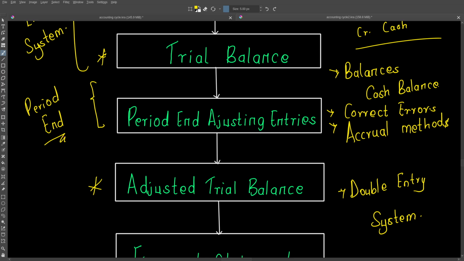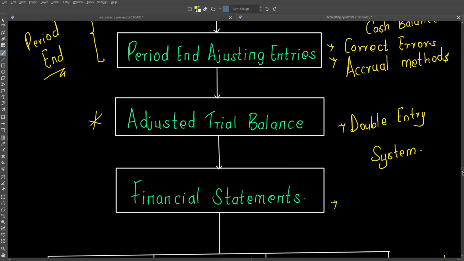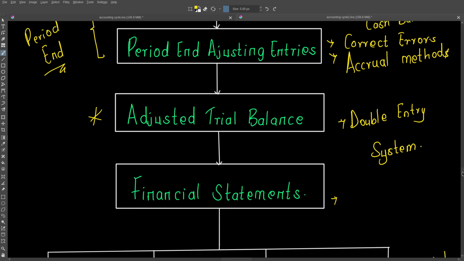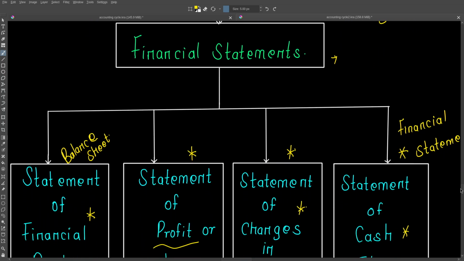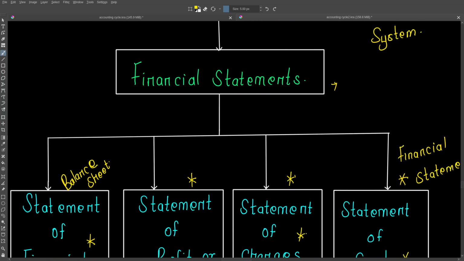All these we will cover in module 3. Okay, and also the adjusted trial balance. After doing the period end adjusting entries, how do we come up with the adjusted trial balance? Then in module 4 is where we shall look at individual financial statements.